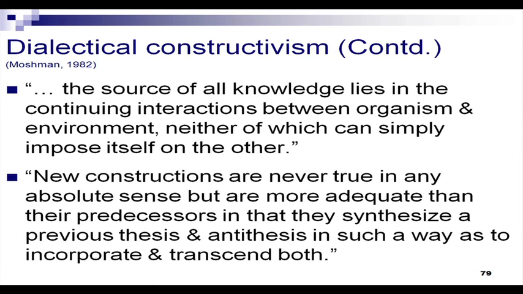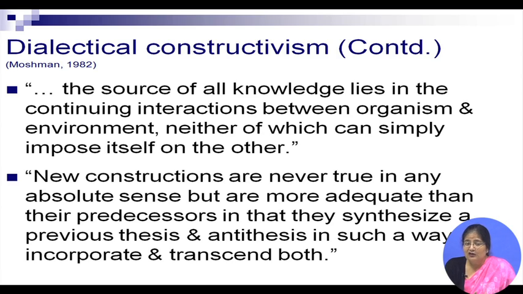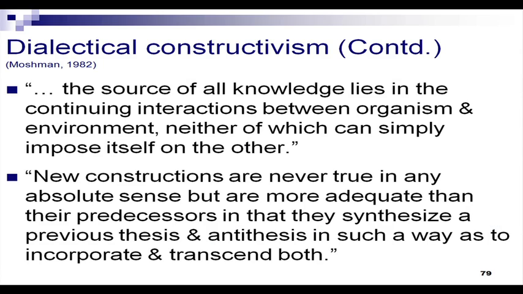But are more adequate than their predecessors in that they synthesize a previous thesis. So, they are connected to what happened in the past, they are representing what is going on, and how are they representing? By way of fitting in with whatever is going on currently in and through conversation or interactions between the knower and the known, and between the organism and the environment, and antithesis in such a way as to incorporate and transcend both.